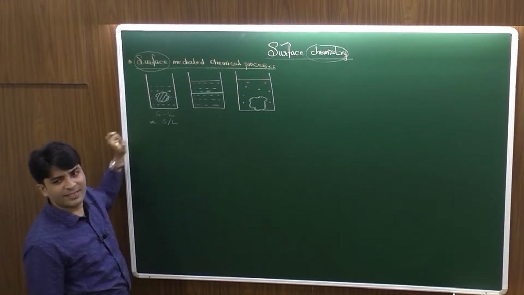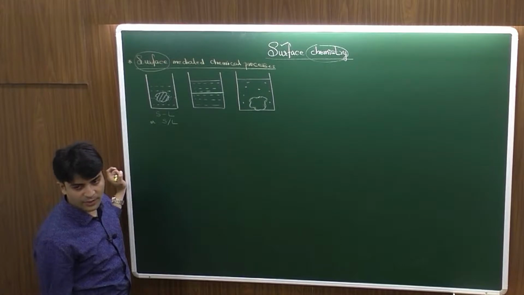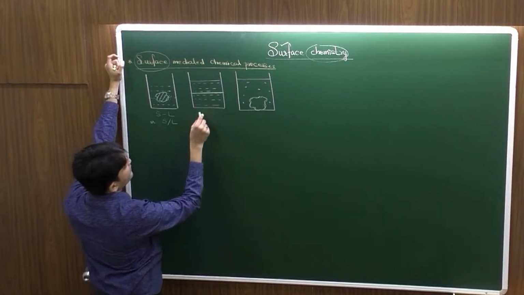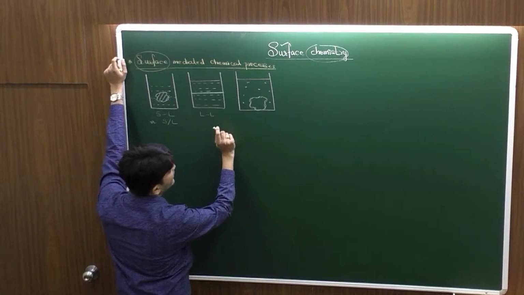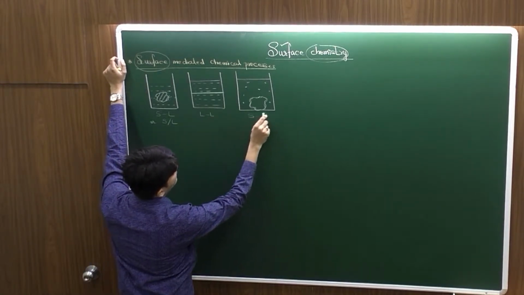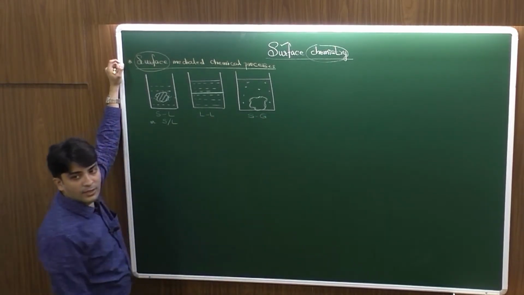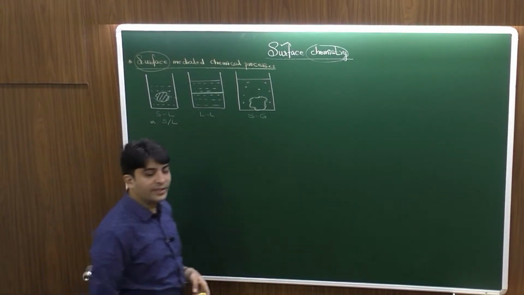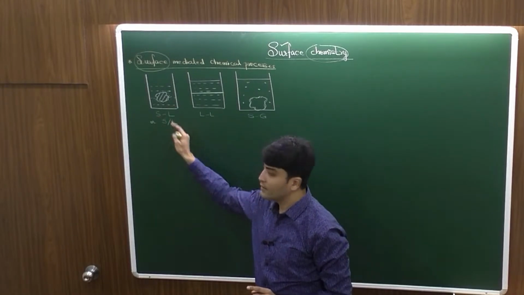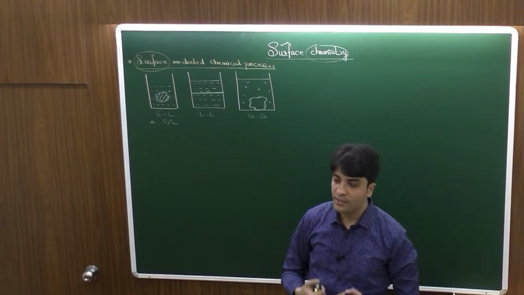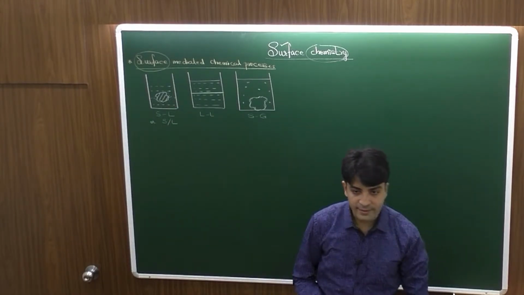The hyphen or the slash indicates the surface or the separation. Clear? This can be referred as liquid gas, and this can be referred as solid gas. Understood? So surface is simply defined as a boundary or a separation between two bulk phases of the substance, which can be solid, liquids or gas.